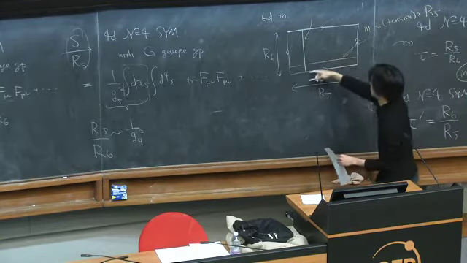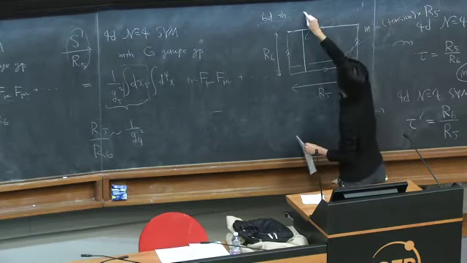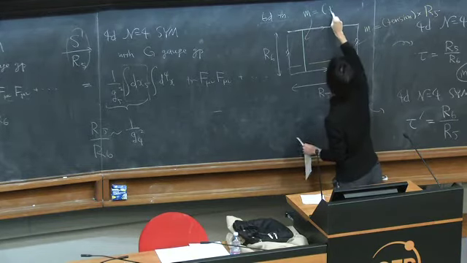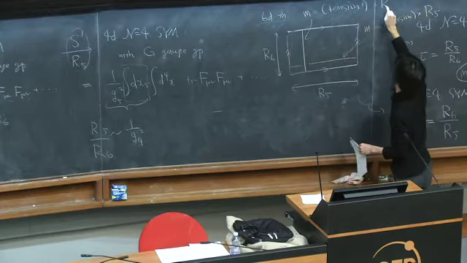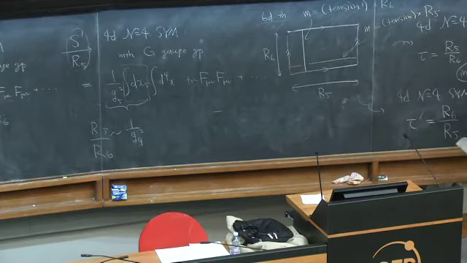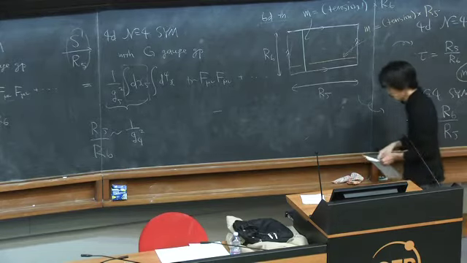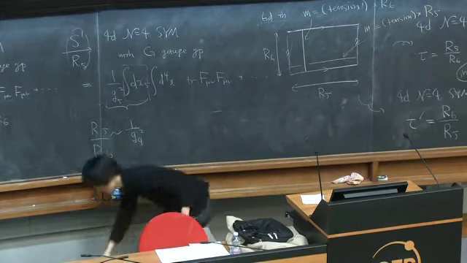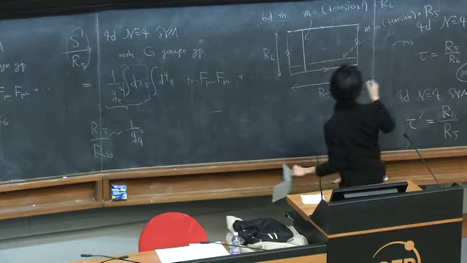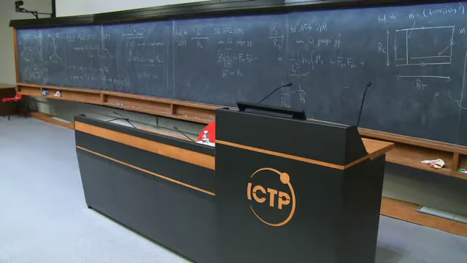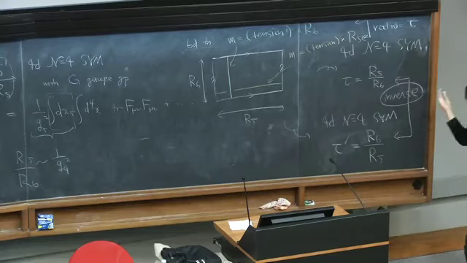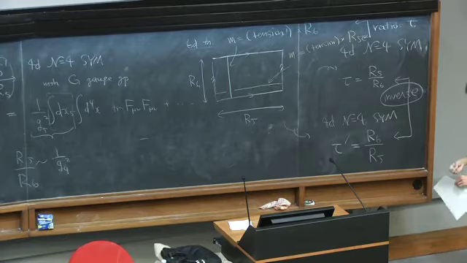The string excitation wrapping around the other cycle will have a different mass, which is given by the same tension times R6. So the ratio of the masses of the excitations is exactly given by this tau, or tau inverse, depending on your point of view.